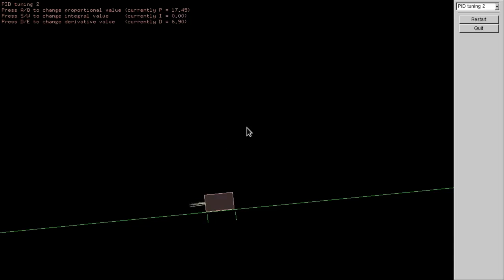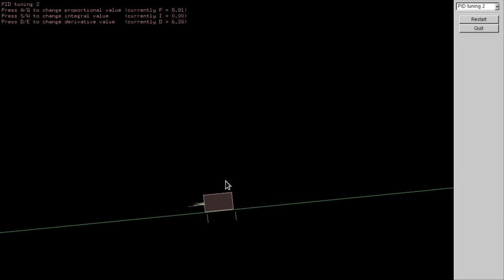So now we have a sloped surface, and the block again is friction free, so gravity is going to be pulling it down that way, and we've actually ended up with a pretty good result here. We're almost on the position. What if I just reduce the P a little bit more? Oh, okay, hold on.